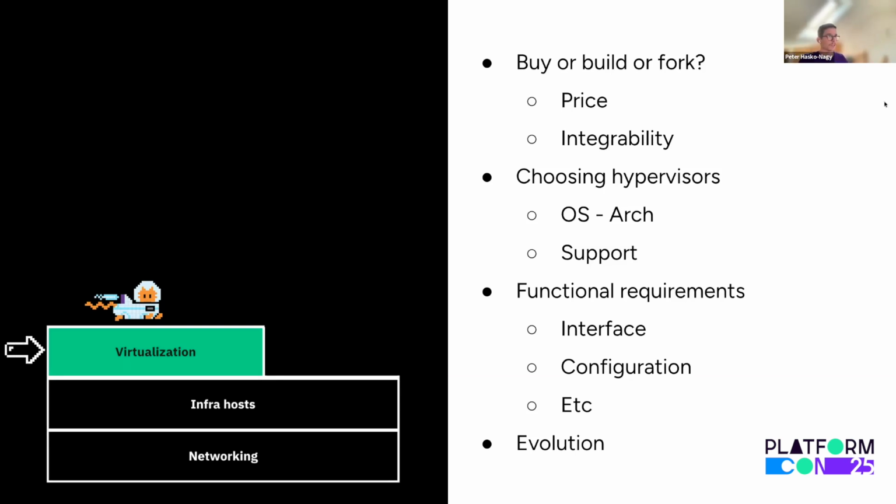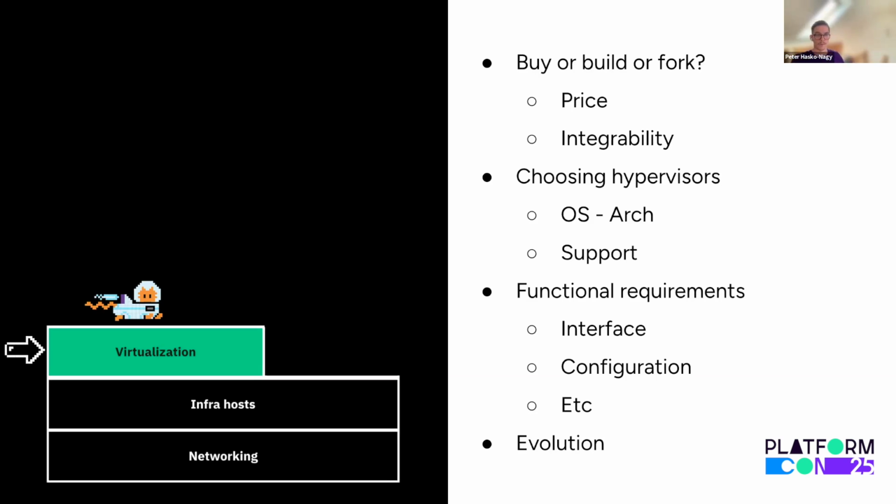When it comes to virtualization, the question is frequently whether to buy, build, or fork. When we initially started to work on the second generation of our build infrastructure, we were paying for a virtualization provider, but we felt that it wasn't really sustainable in the long run because as we scale and as you will scale, so will your expenses as well.